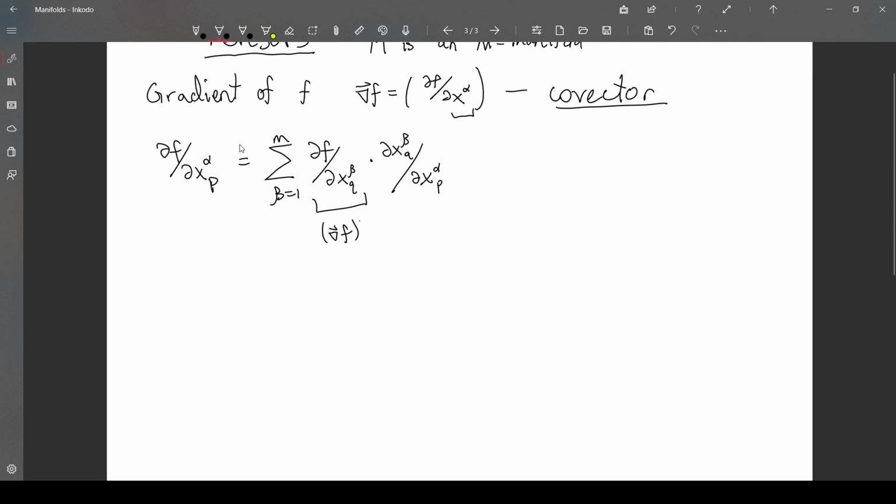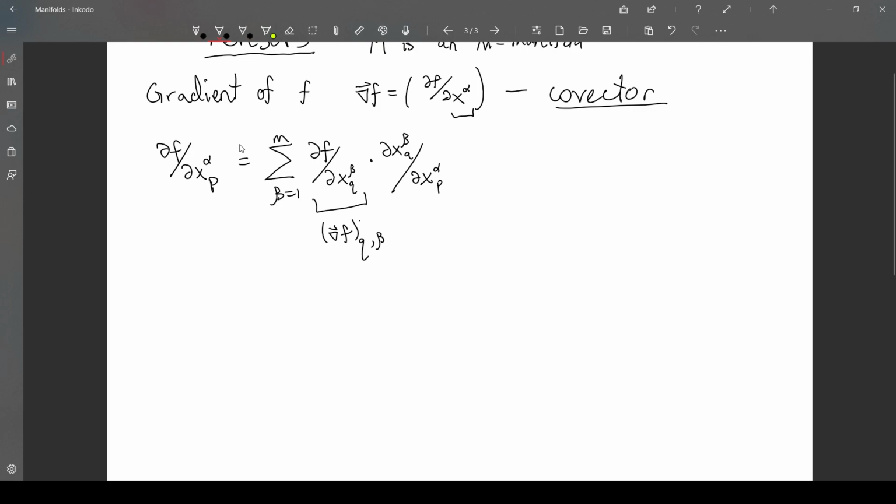I should write, this is Q. And with covectors, we're going to denote the index as a lower variable.